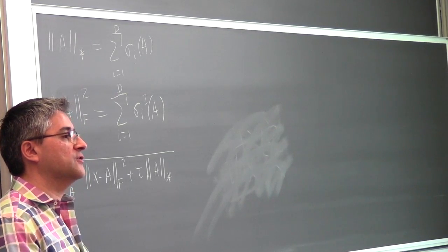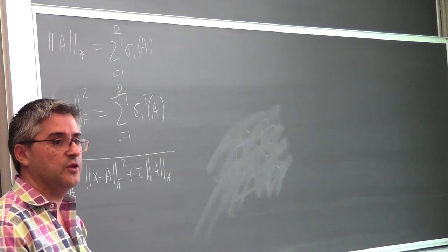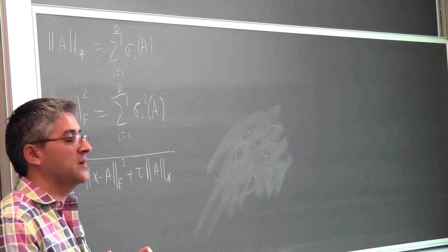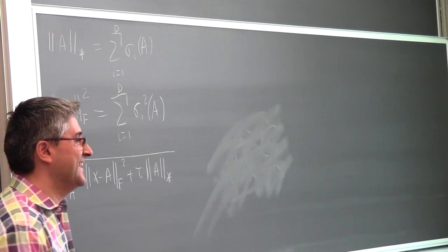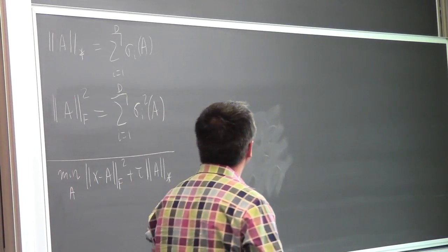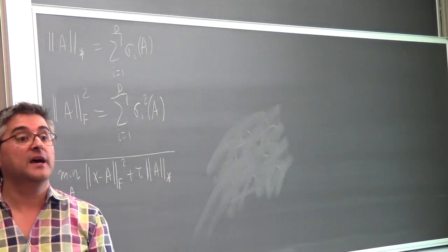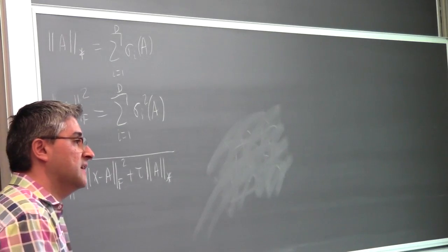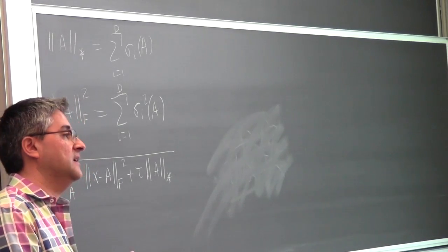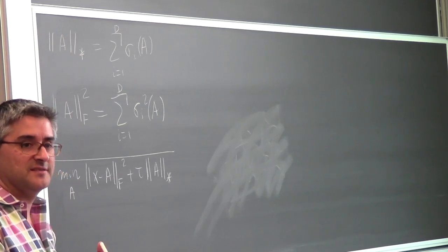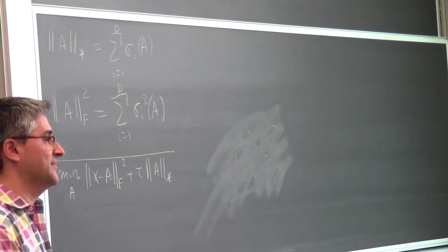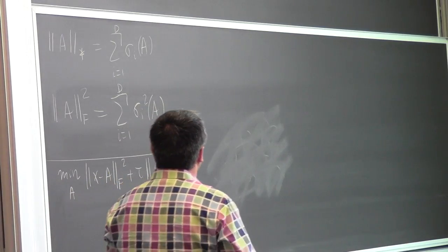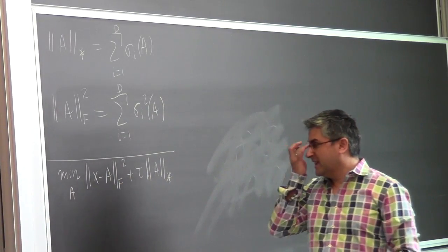All of the questions that I'm just asking, those are the questions for homework number 2, which I already posted on the website. So one of the questions would be, have a look at the nuclear norm, show that it's a norm, show that it is convex, calculate the subgradient of it, and things like that.